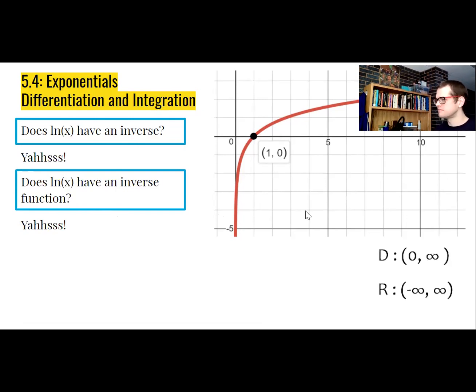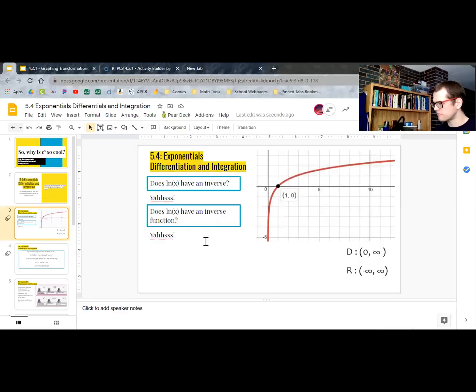Let's put that in there. That's kind of a helpful thing to put in there. I'm totally going to edit this as we're going.